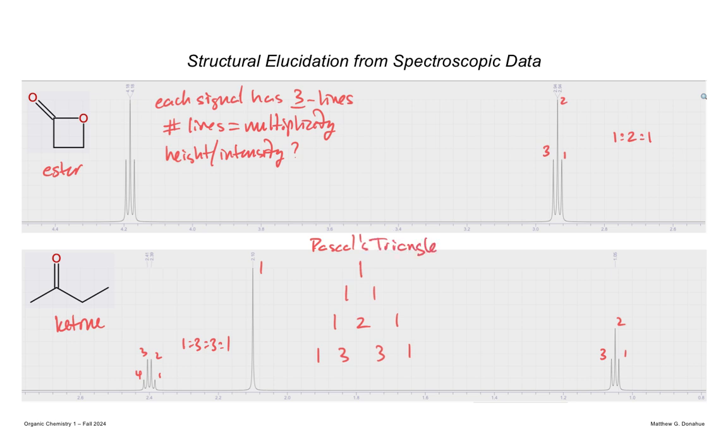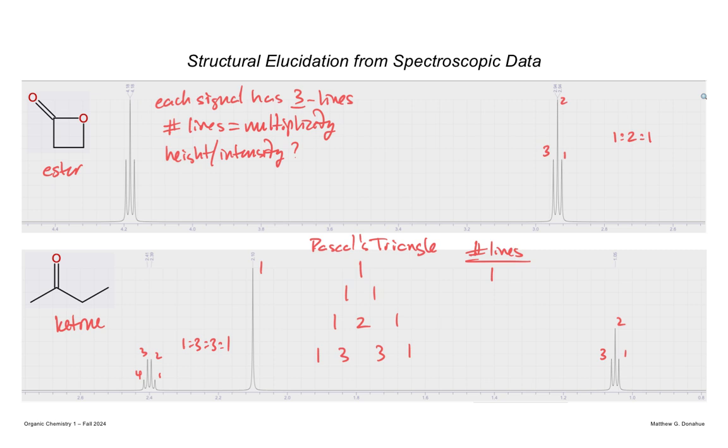That's called Pascal's triangle. It correlates to the number of lines that you see in a signal. If you just see one line, that's what we see here, the intensity of that line.